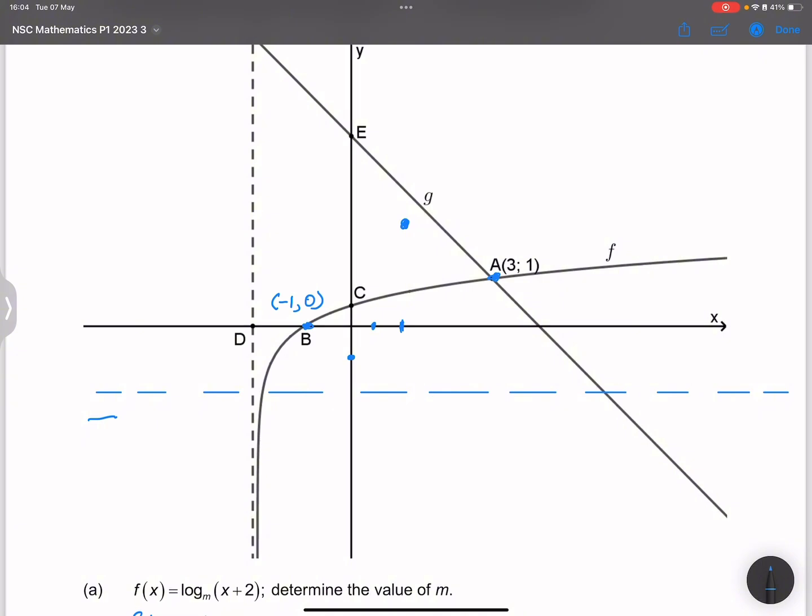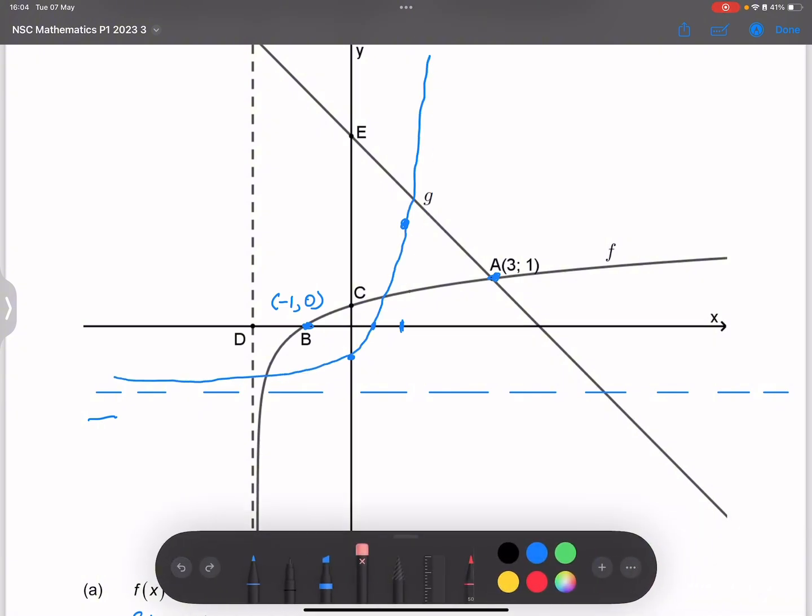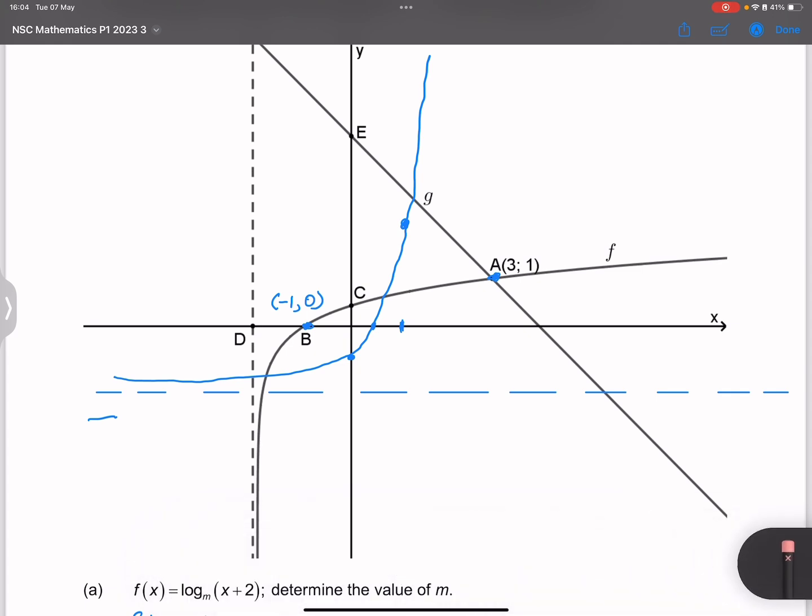So let's try and draw the graph. So I would have a graph that does this. Okay, let's undo that. You'll have to just do with my graph that is somewhat squiggly.